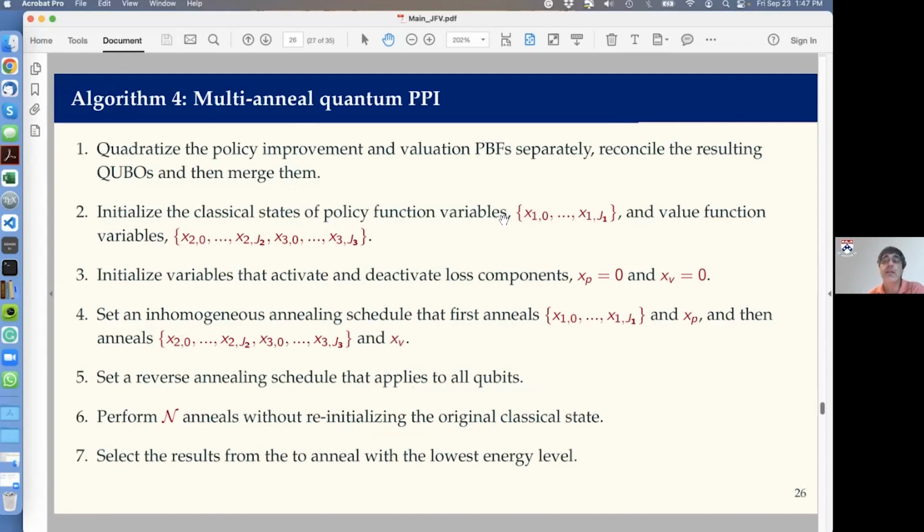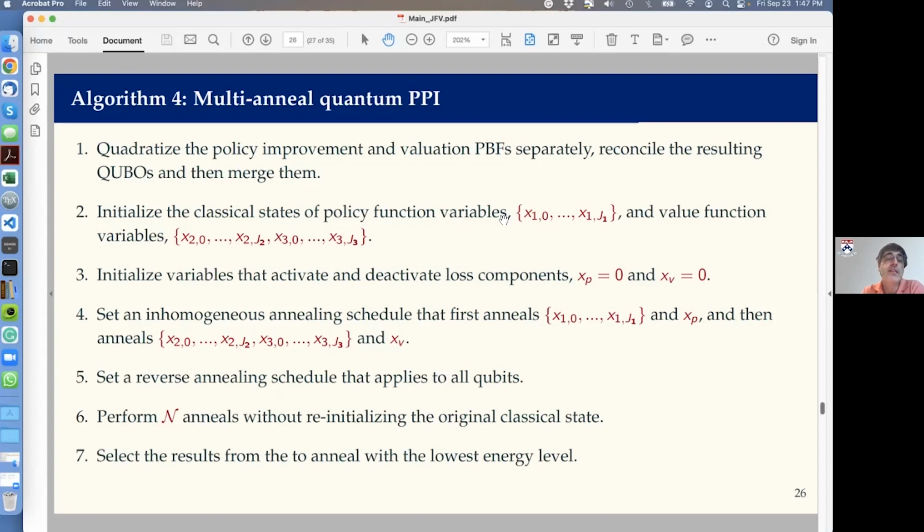The first one we are going to call multi-anneal quantum PPI. As before, we quadratize the policy improvement and evaluation pseudo-value functions, except that now we do it separately, reconcile the resulting qubits, and then merge them.